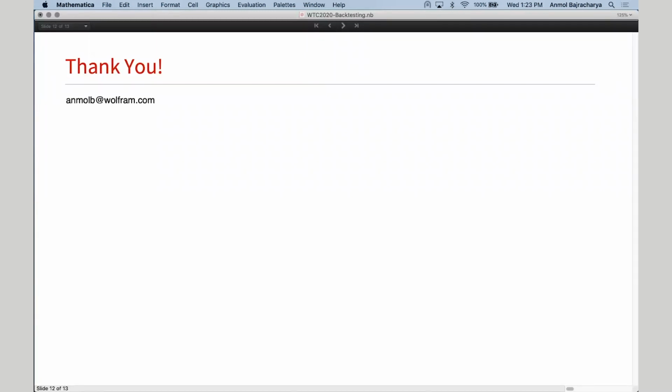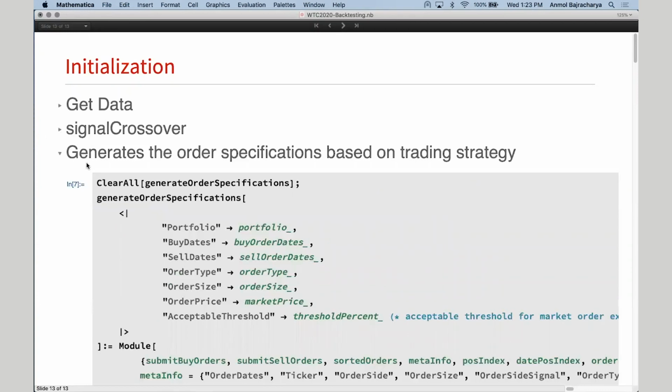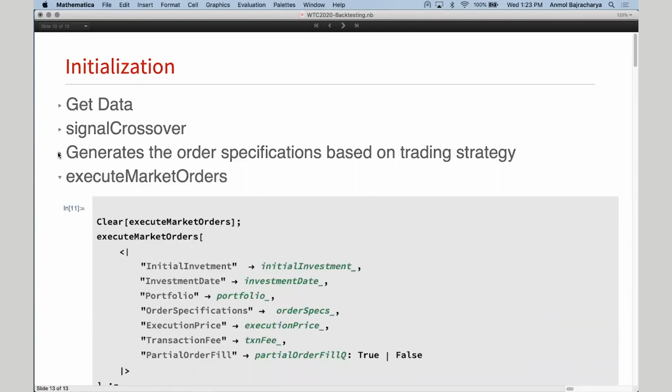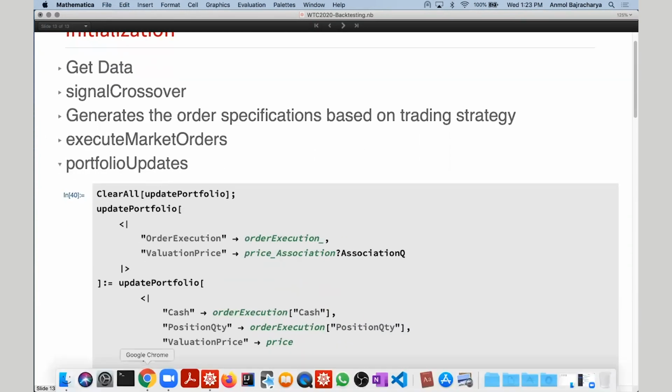Are there any more questions? Yeah, the notebook, I can make it available, and I might even post a simpler version of another notebook, which will show step by step how I implemented the functions, because there was some time series processing and manipulation I had to do for instance, executed market order and portfolio updates, because the time frames for all the stocks were not the same.